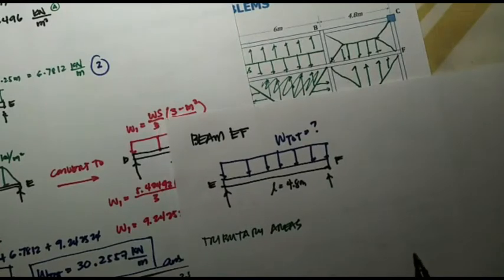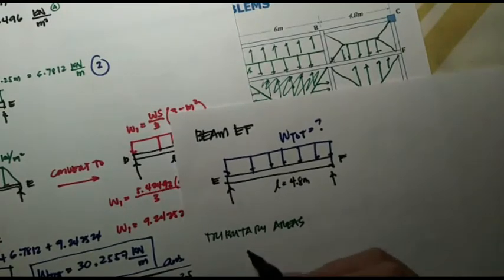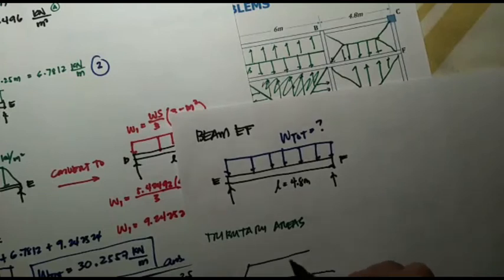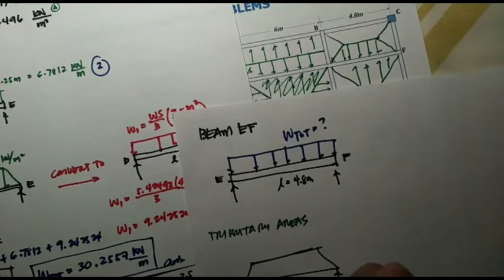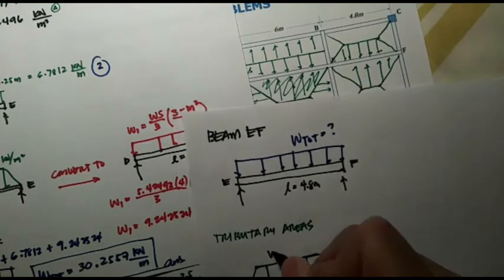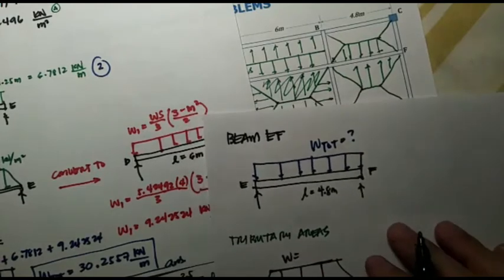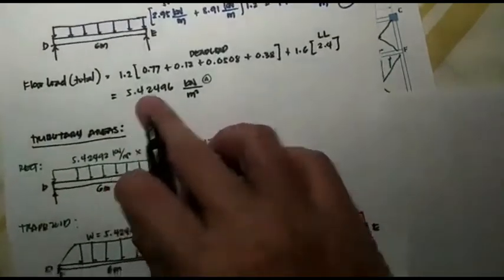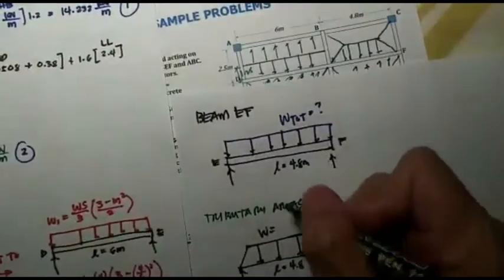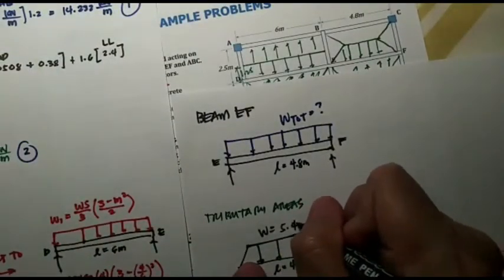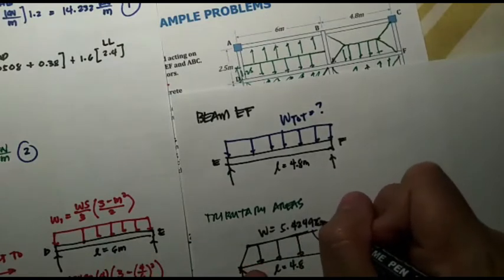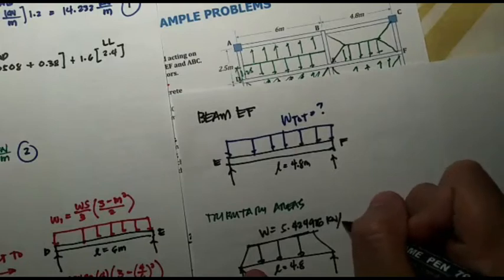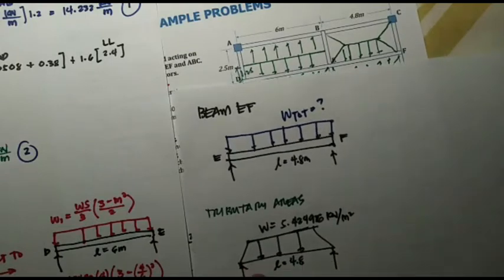Okay? So yung unang trapezoid, okay, so this is 4.8. Yung W dito is ganun pa rin yung W natin, no? So yung 5.42496 kilonewton per square meter.